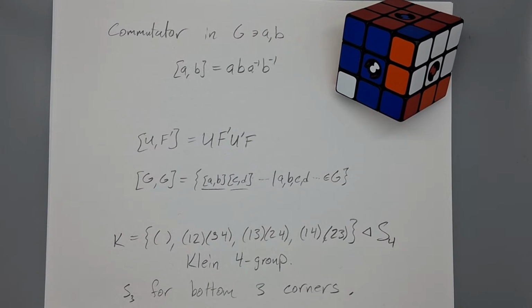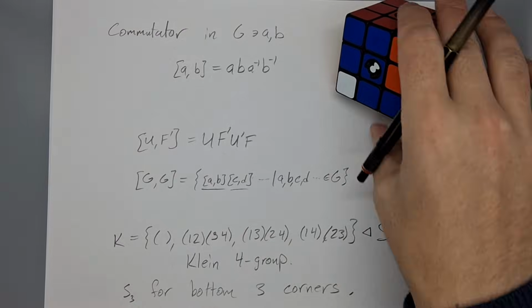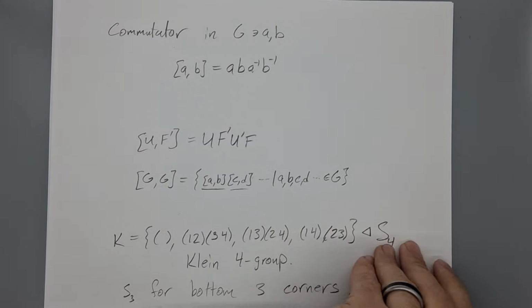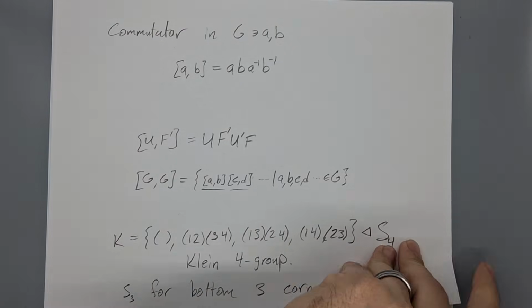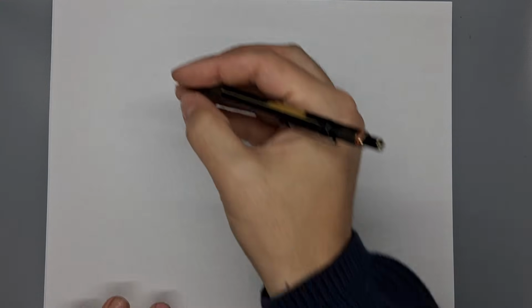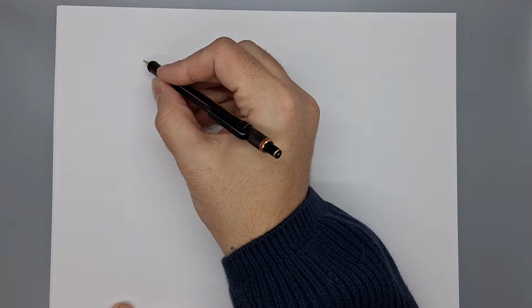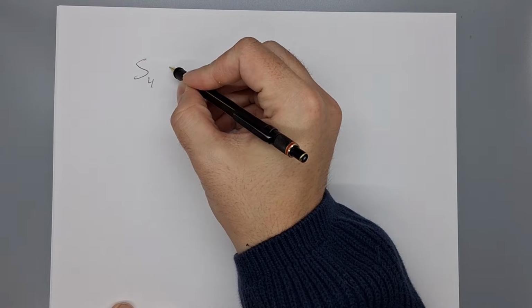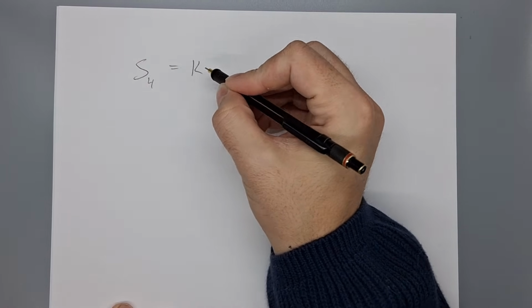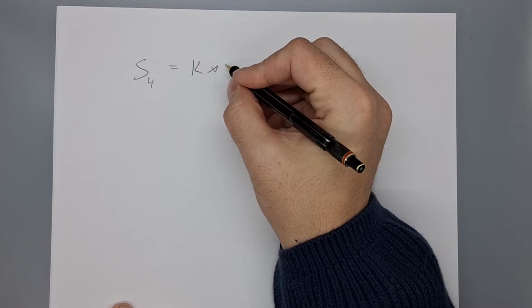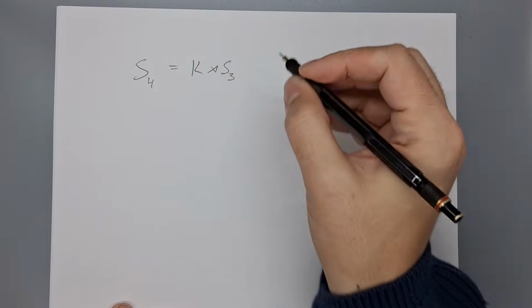How does this come together? Well, these two groups come together in the form of something called a semi-direct product, a special product of groups. So we have the Klein four-group, and we have a semi-direct product with S3.